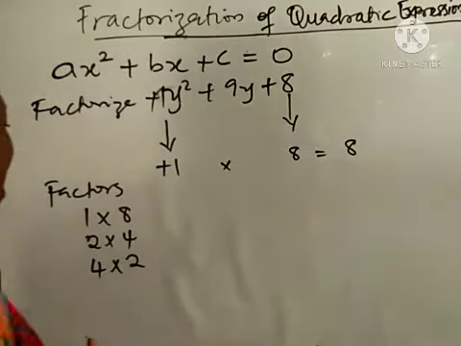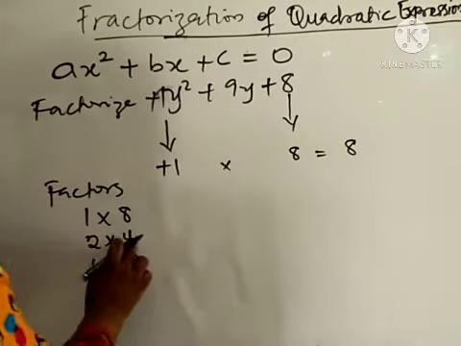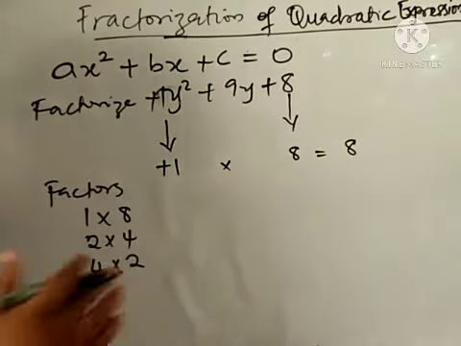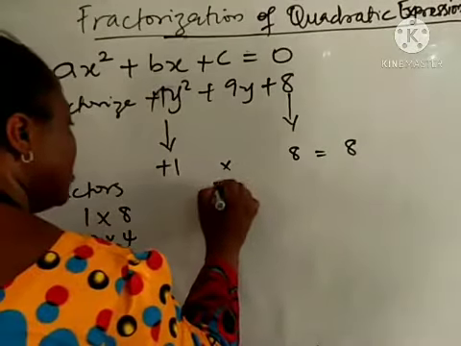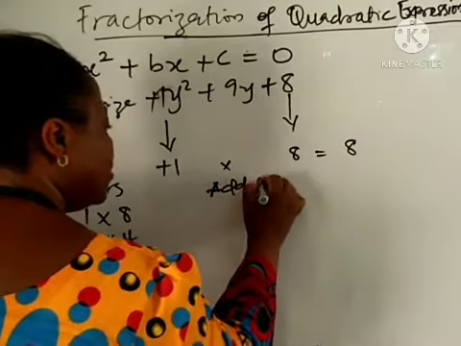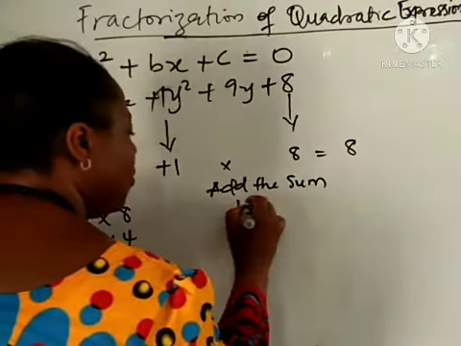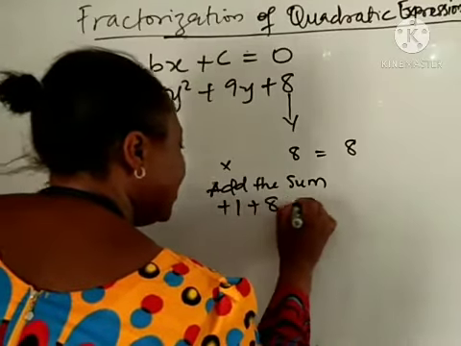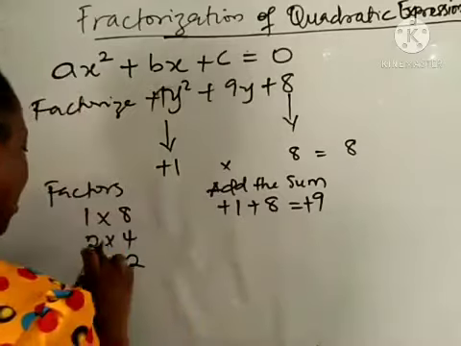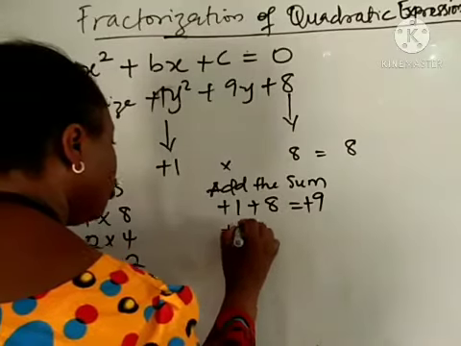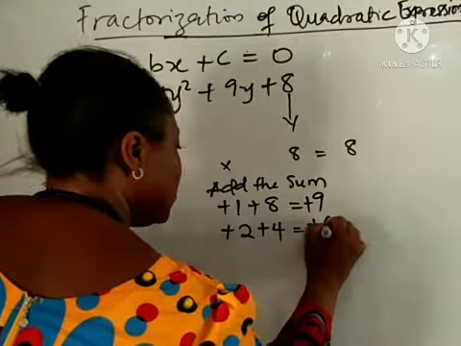So this will give us 1 times 8, this will give us 2 times 4 to give us 8, and this is 4 times 2 to give us 8. But if you add the sum, 1 plus 8 will give us plus 9. Here, plus 2 plus 4 will give us plus 6.